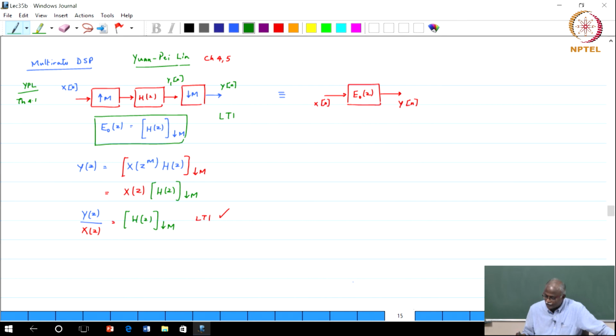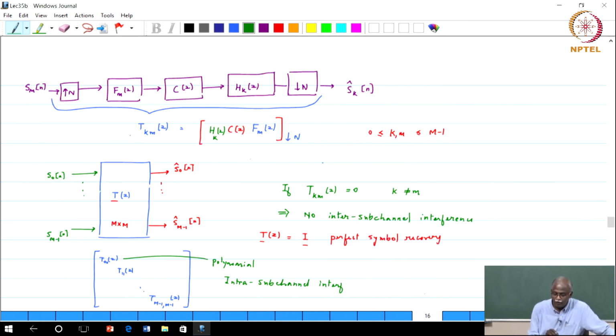If you look across from one end to the other, M can be any one of these and K can be any one of those. There is always going to be an upsampling by N, a filter, the channel, keep in mind I am ignoring the noise, another filter, downsampling by N and the output. That is what is going to be the chain between input and output.